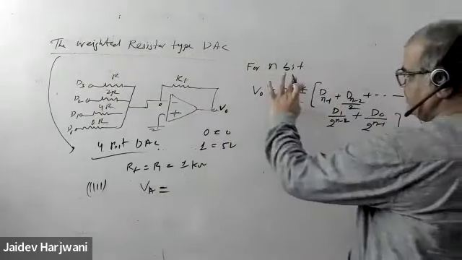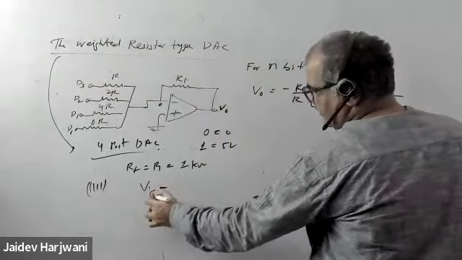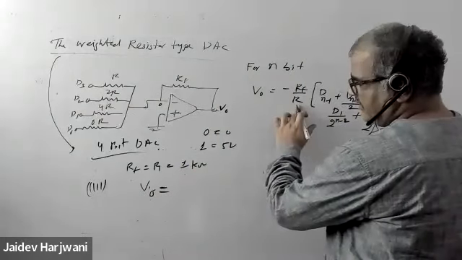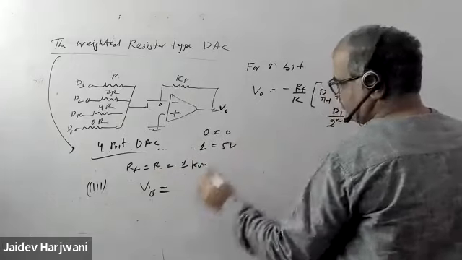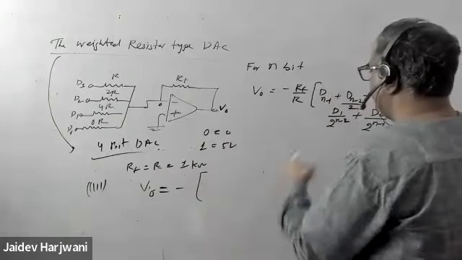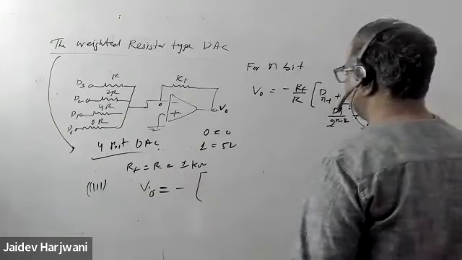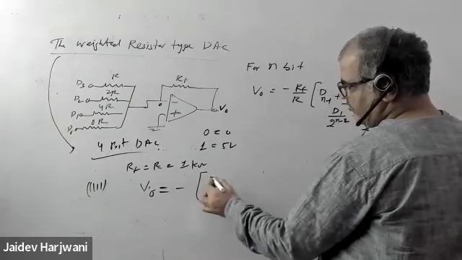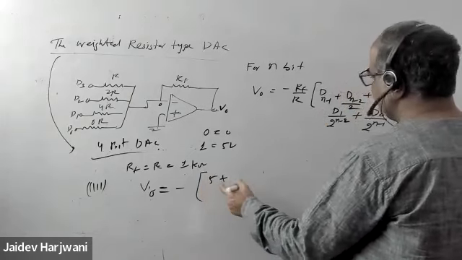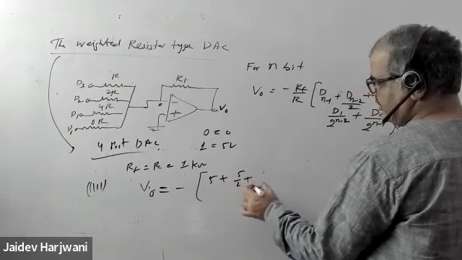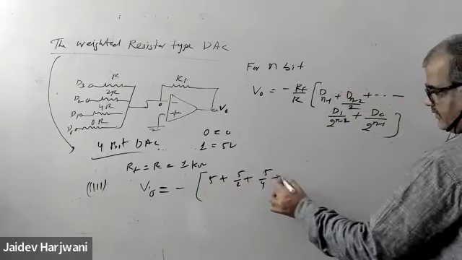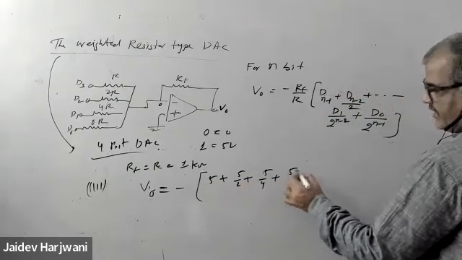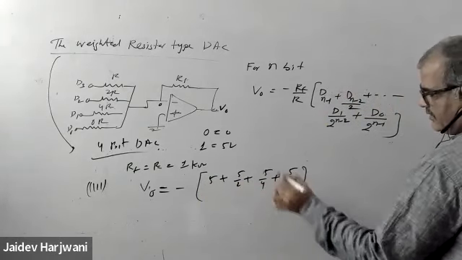Basically, since RF equals R, this factor becomes 1 automatically. So this becomes minus. Now for the 4 bits, D3 is 5 volt, D2 is 5 by 2, D1 is 5 by 4, and the last D0 is 5 by 8.